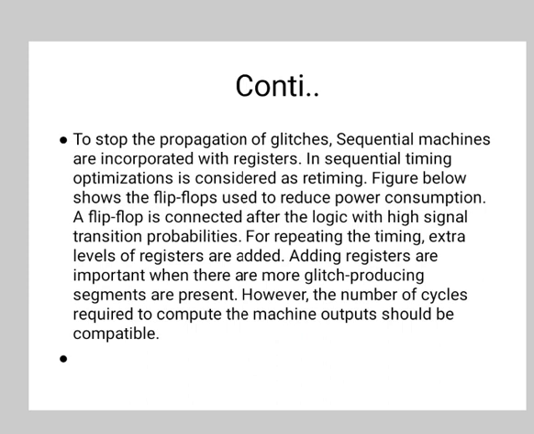So the flip-flop is connected after the logic with the high signal transition probabilities. For retiming, an extra level of registers is added. Adding registers is important when there are more glitch producing segments present. However, the number of cycles required to compute the machine output should be compatible.